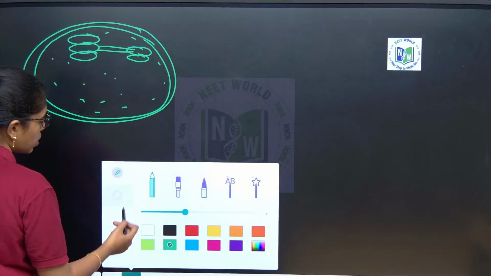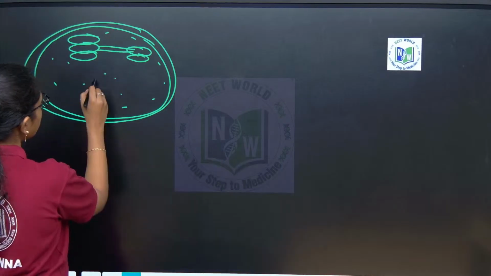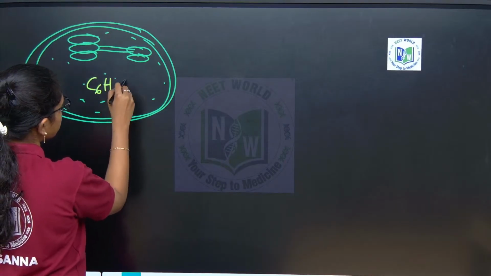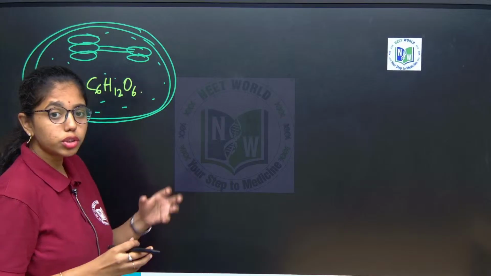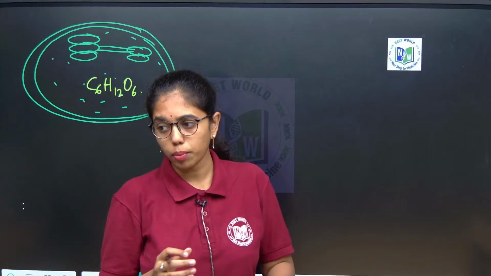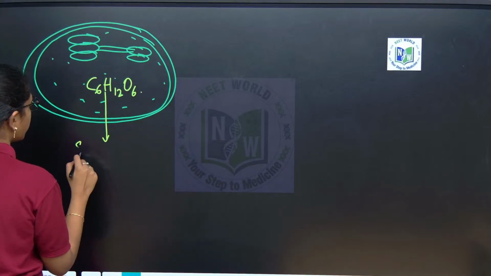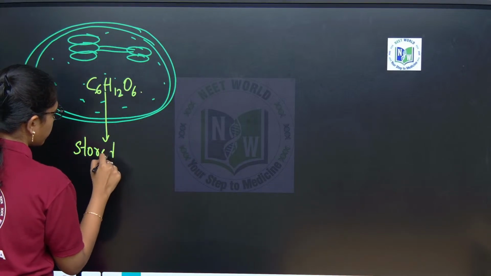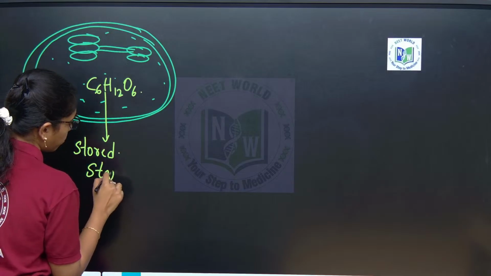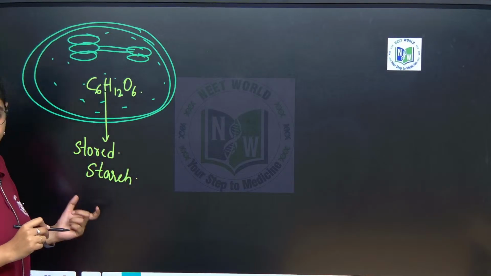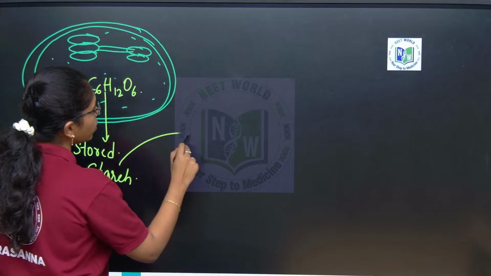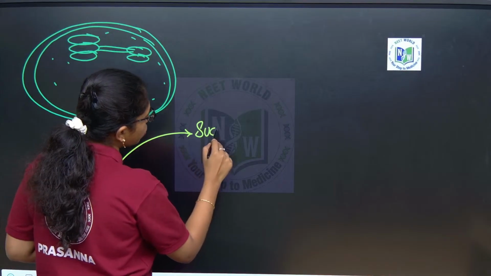Inside a stroma what is formed? Glucose. To store, it gets stored in the form of starch. But it has to be transported, so it will be transported in the form of sucrose.